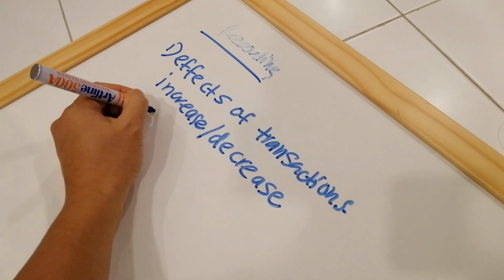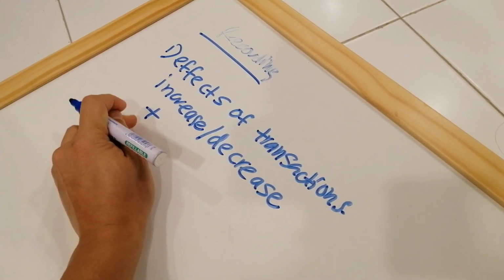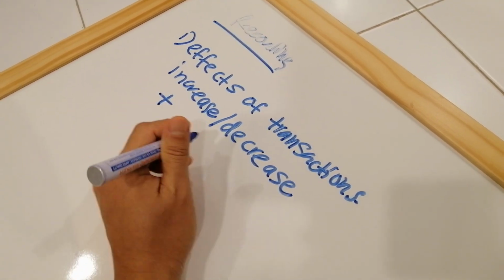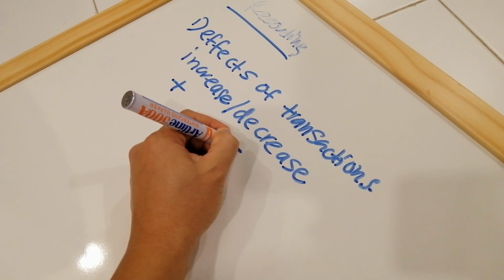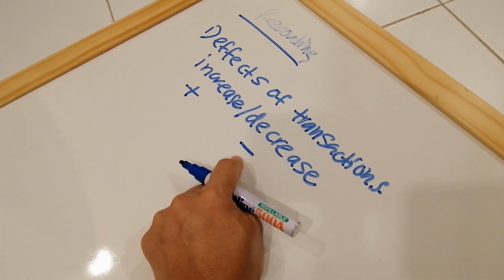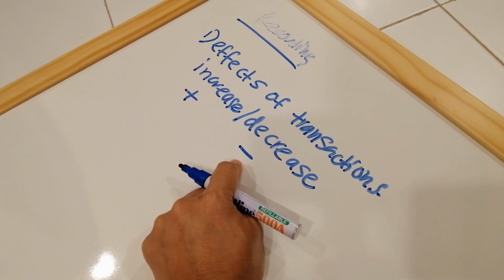Only two. Either the item increases, we have a plus symbol, or it decreases, we have a subtraction symbol, or minus. Okay, or deductions.